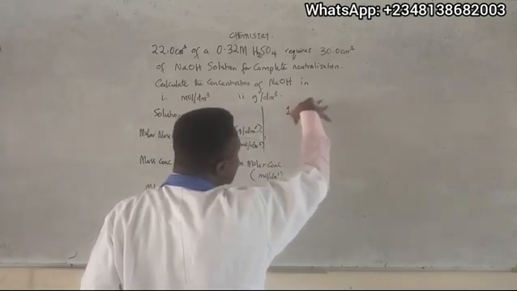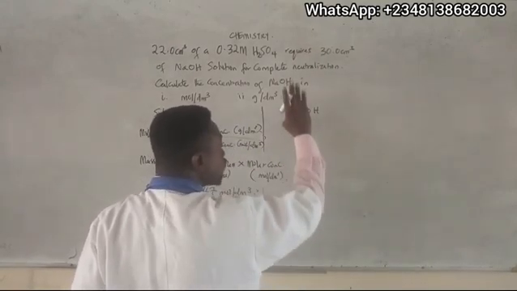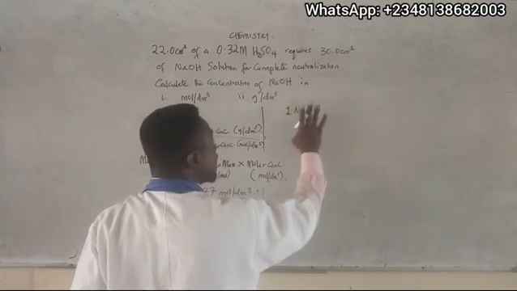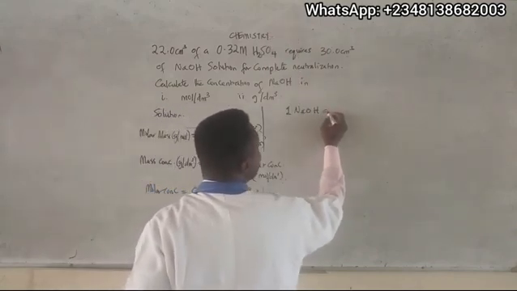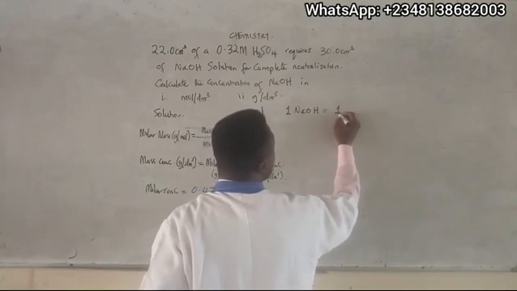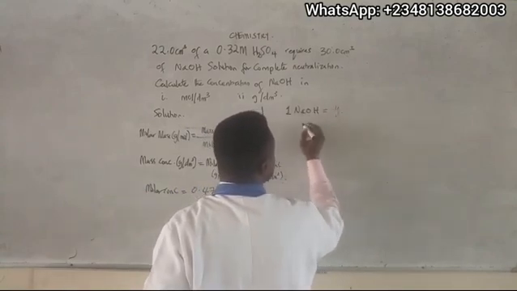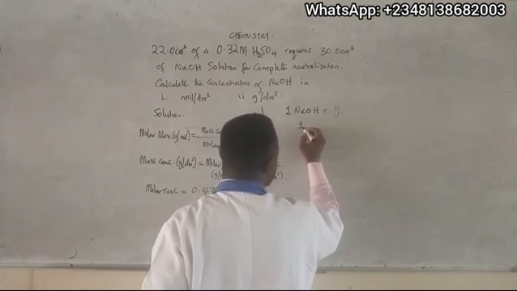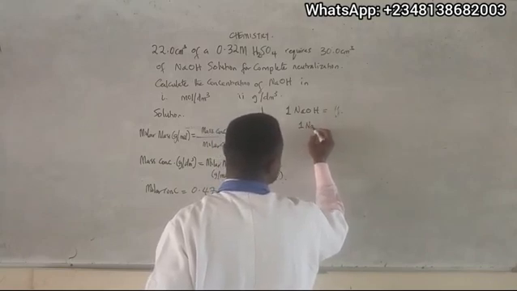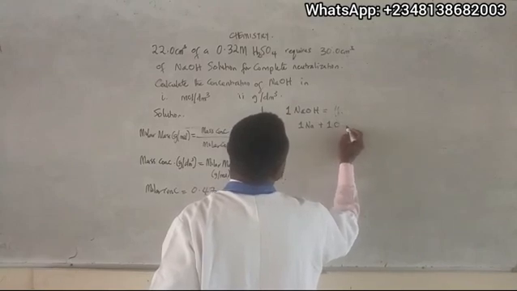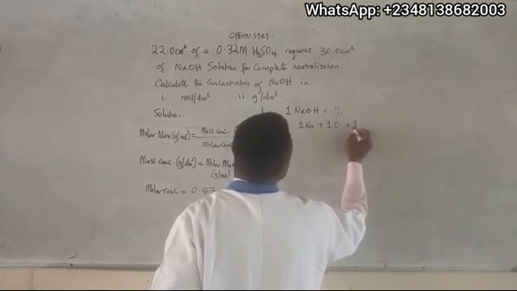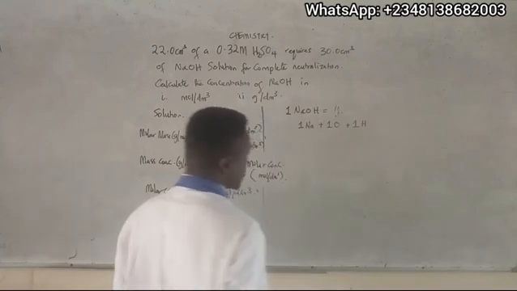You check the content of 1 mole of sodium hydroxide. 1 mole of sodium hydroxide contains 1 mole of sodium atom plus 1 mole of oxygen atom plus 1 mole of hydrogen atom.